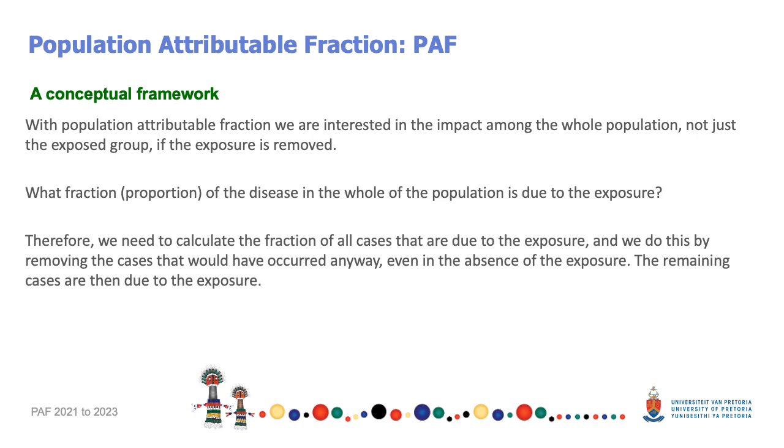So now, from a conceptual point of view, we're looking at the impact for the whole population. If we had an intervention to remove the exposure, what would be the impact on the whole population?